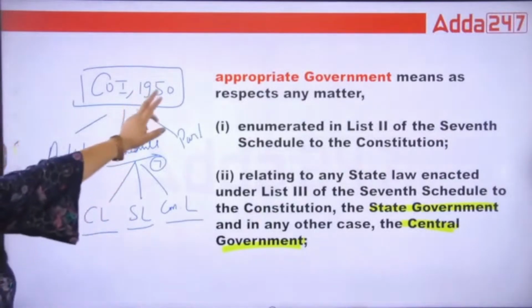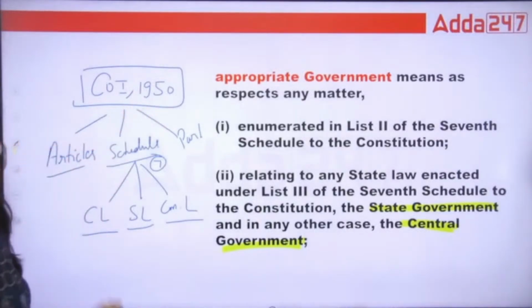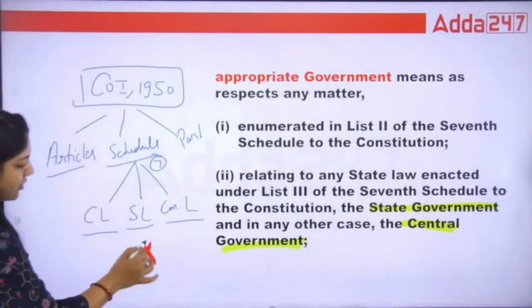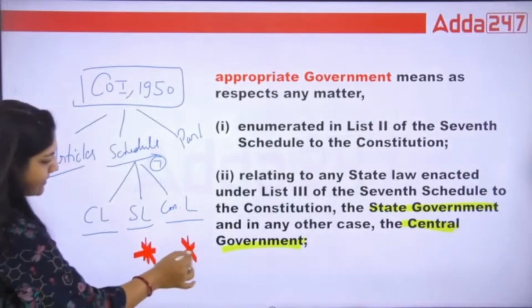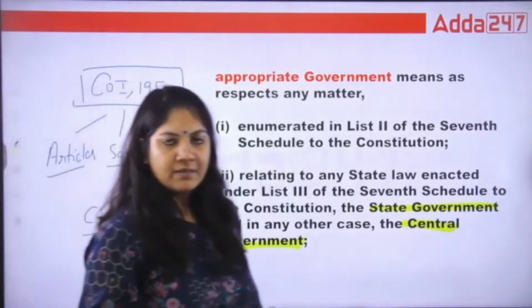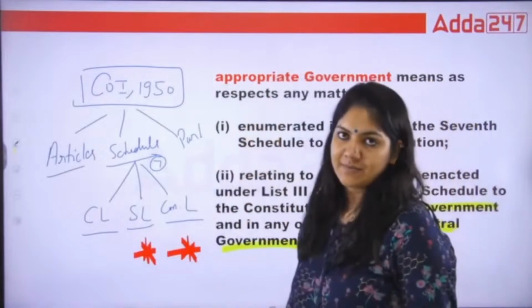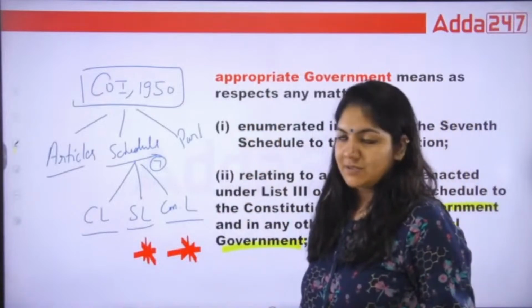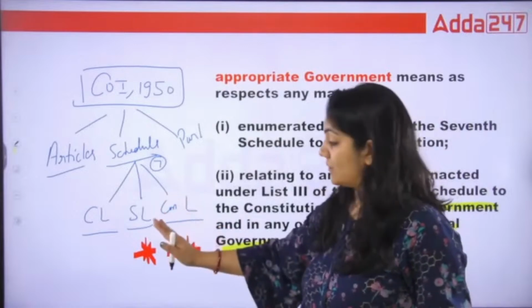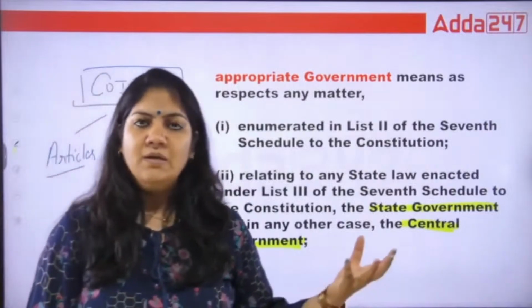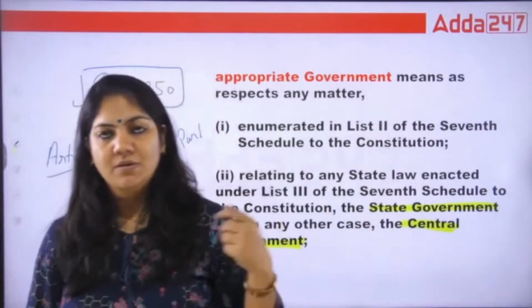So under appropriate government, if I just tell you the conclusion, in both the state list as well as the concurrent list, the law can be made for the IT Act. So this subject matter is not only for the central but for the state law also, because it may be possible some states use technology so much, some states not. So that's why.